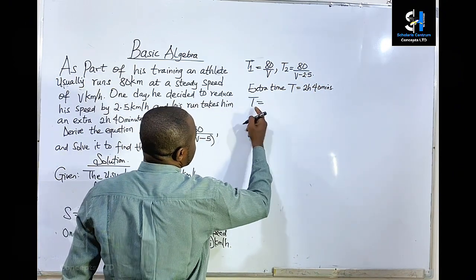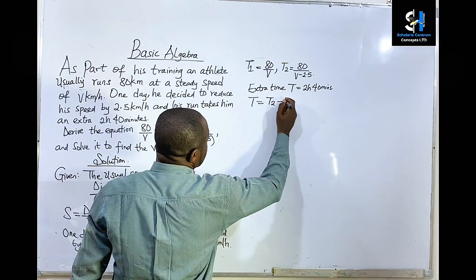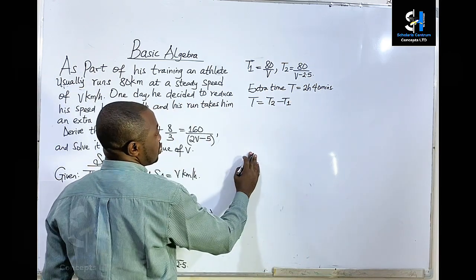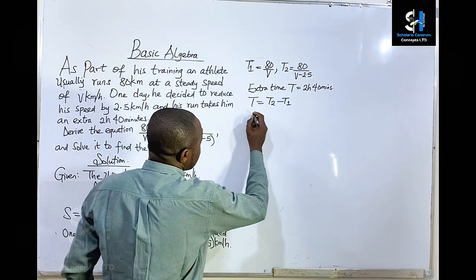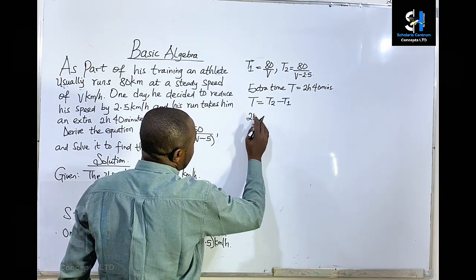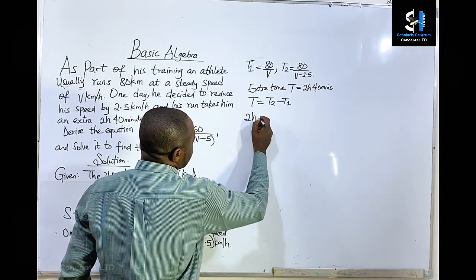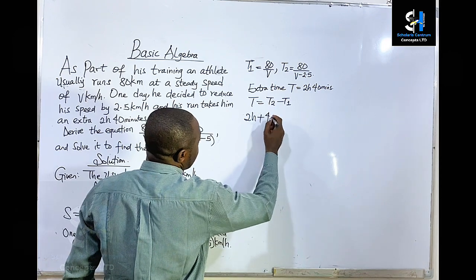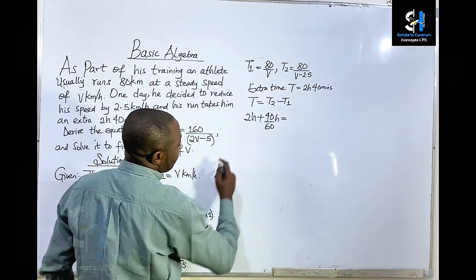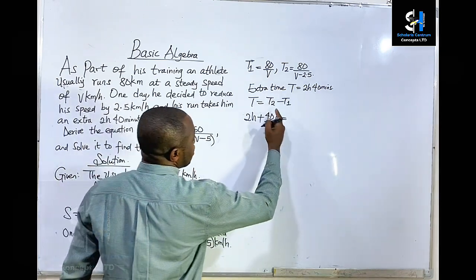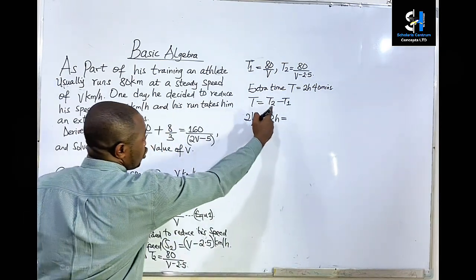The extra time will equal T2 minus T1. So what is T? 2 hours 40 minutes will be 2 hours plus 40 divided by 60. We need to convert that to hours.